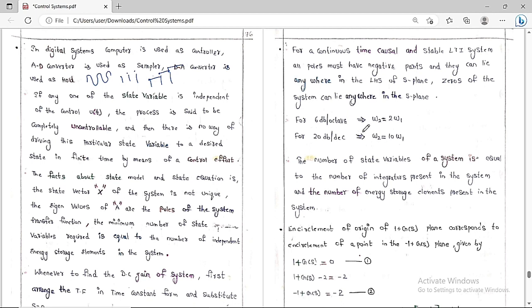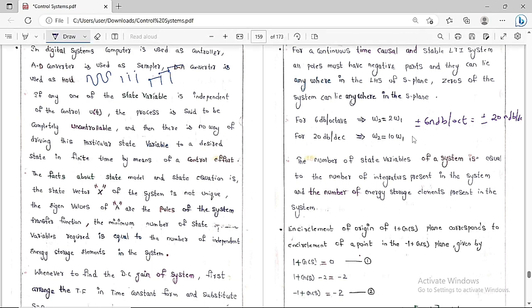So the next point is, for 6 decibels per octave, it means that omega 2 is equal to 2 times omega 1. And for 20 decibels per decade, it indicates that omega 2 is equal to 10 times omega 1. This one I've already told you, which is plus or minus 6 decibels per octave is always equal to plus or minus 20 decibels per decade.